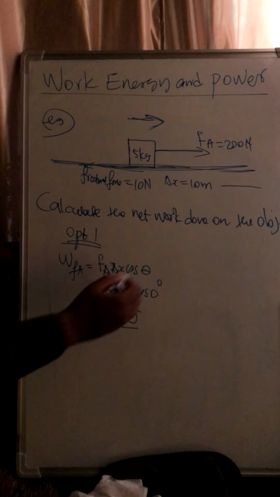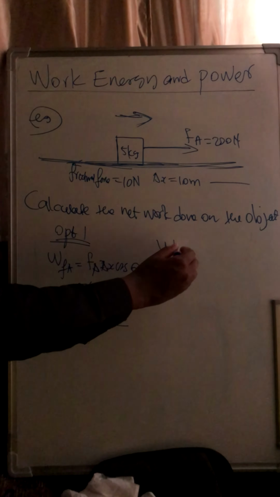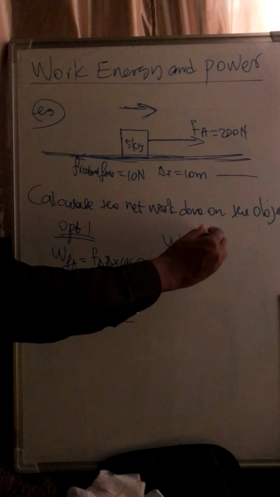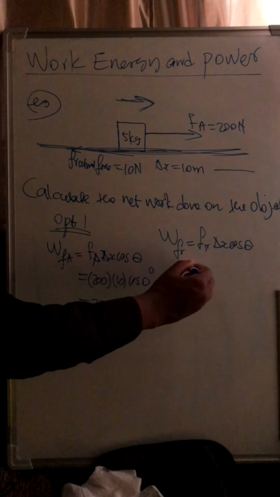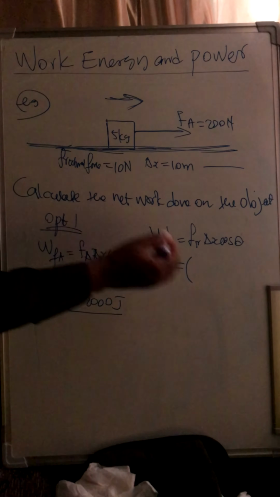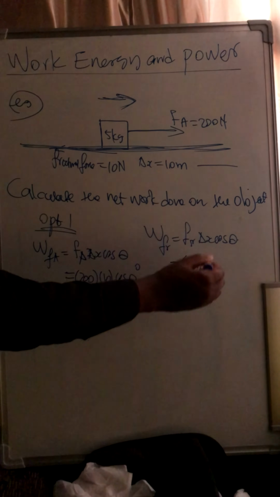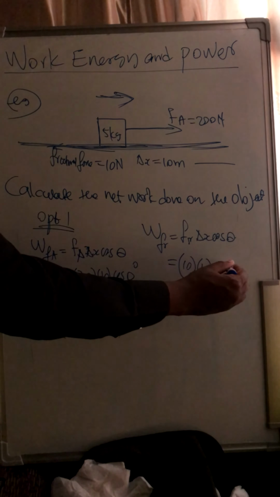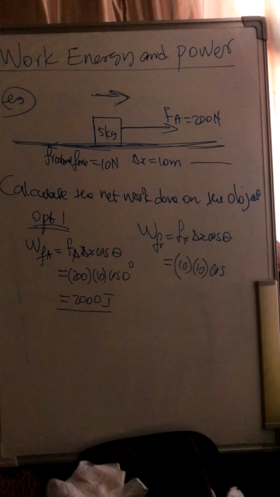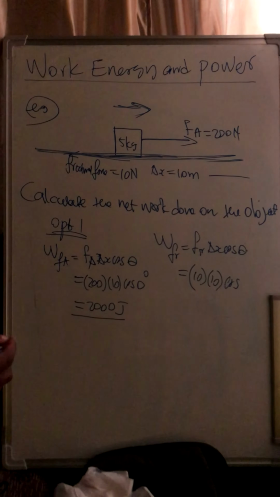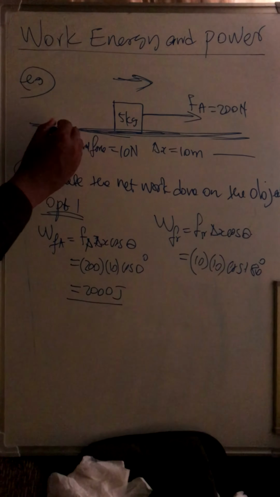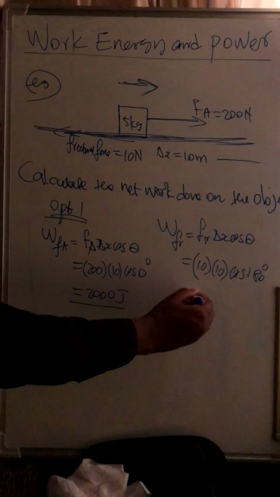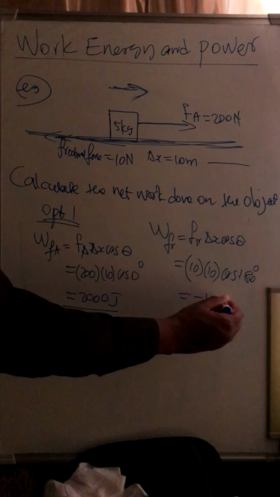Now, I'm going to the work done by frictional force. Frictional force, change in X, cos theta. What is the frictional force? 10. Change in X, 10. What about friction? Cos, that means it will be cos 180. Why 180? It's opposing the direction of the motion. So the answer, 10 times 10, negative 100 what?